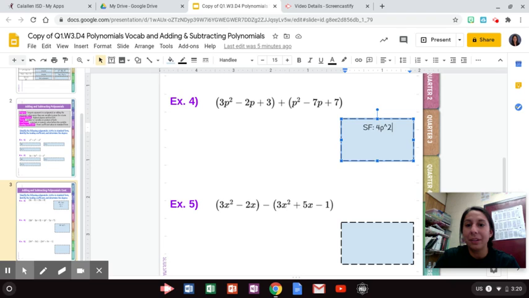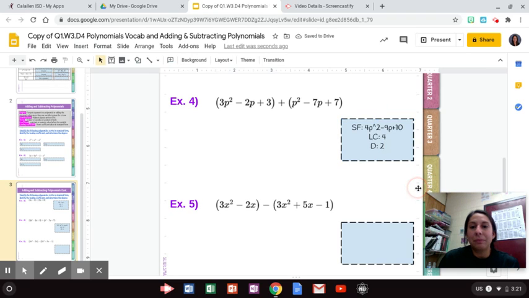So that little symbol right there means a caret key, which means an exponent. So 4p squared minus 9p, and then plus our 10. Now we also have to determine the leading coefficient. What number is up in the front? That's a 4. And then the degree, which is the highest exponent that we have, which is a 2.